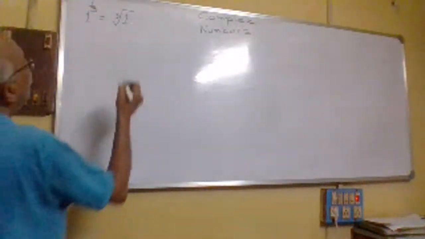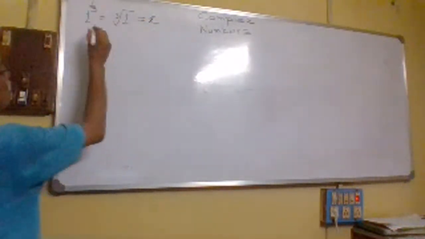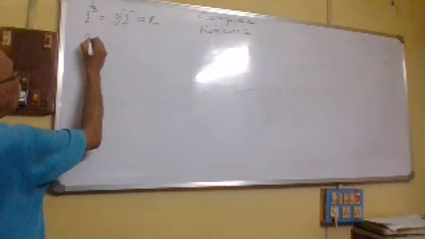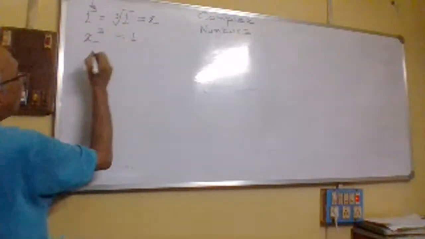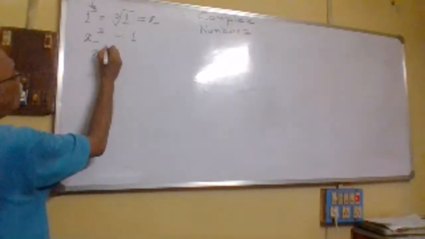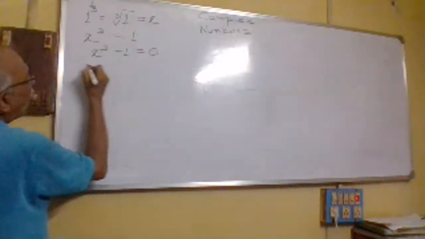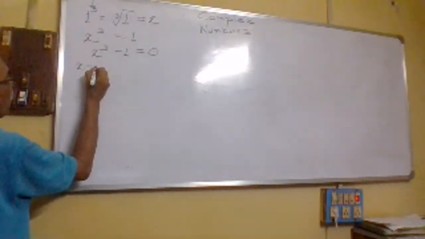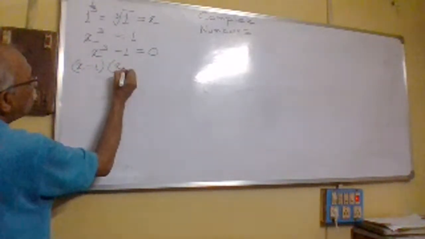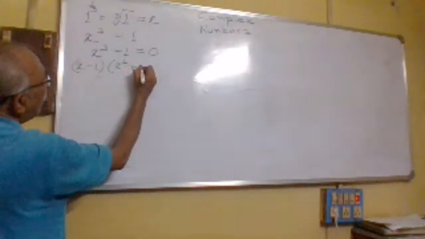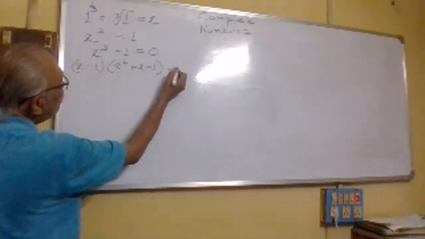Cube root of 1. We are assuming this equals x. So see carefully. Can we write x cube equals 1, or x cube minus 1 equals 0, or we can write (x minus 1) times (x square plus x plus 1) equals 0, using the a cube minus b cube formula.